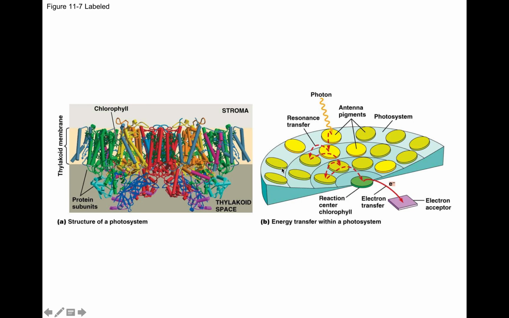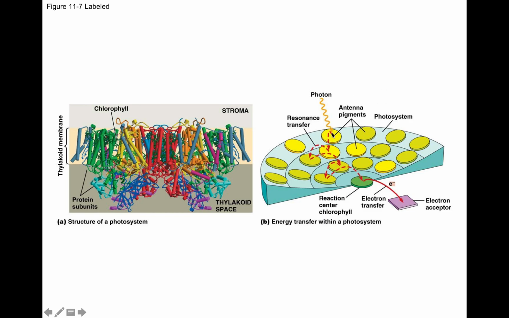So any given photon hitting a leaf, hitting a photosynthetic organism, is not necessarily going to excite all the chlorophyll molecules at once. Some get excited, some don't. So these are arranged like an array, and they are very much like an antenna, and that something out there is going to pick up that photon.